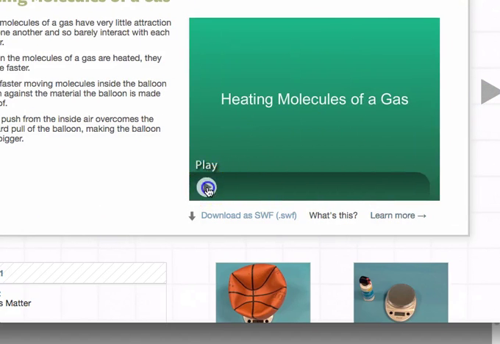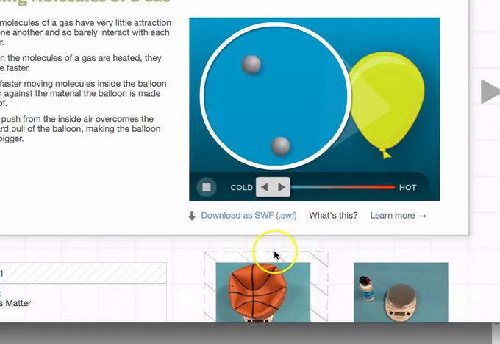Heating molecules of a gas. All right, here's the computer simulation. Here's your gas, at a cooler temperature. First of all, you should notice the difference between these molecules and the molecules you just saw in a liquid, and definitely different than the molecules that you saw in a solid not too long ago in 6.2.